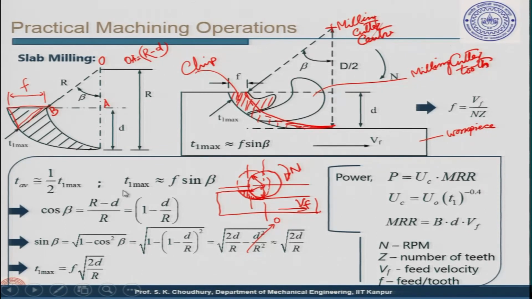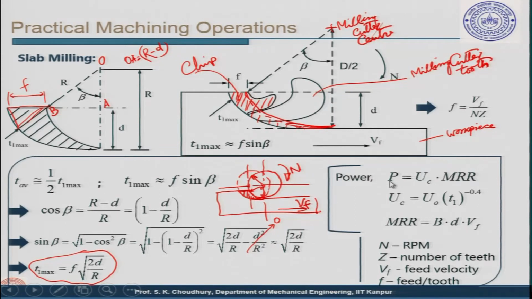So, therefore, T1 maximum, which is f into sin beta, and sin beta is root over 2 D by R. So, this will be f into root over 2 D by R. So, this is how we can find out the value of the T1 maximum. Okay. And this is important because T1 maximum is an important factor. Why? Because we have to find out the power.